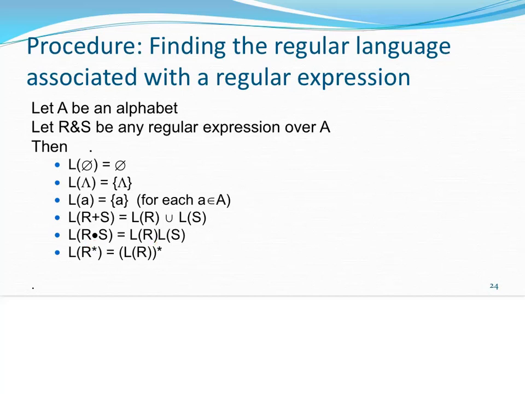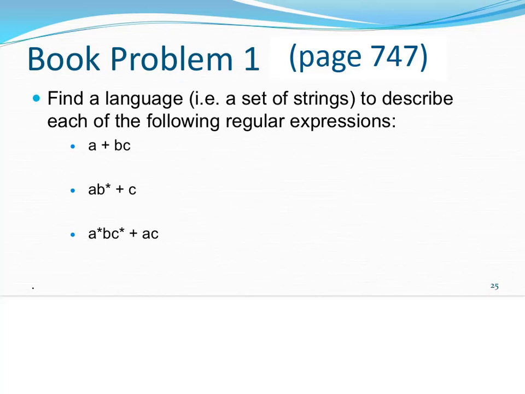If you have two regular expressions that are dotted, you can translate the language of the dot of those two just by taking the language of the first one and concatenating it with the language of the second. And similarly, the language of something starred is just whatever you get taking the language on its own and starring it.